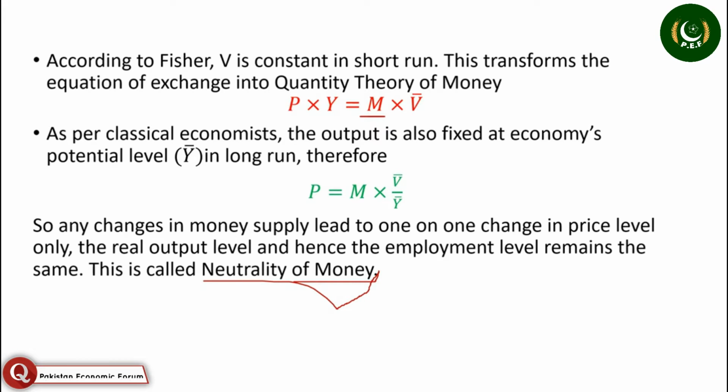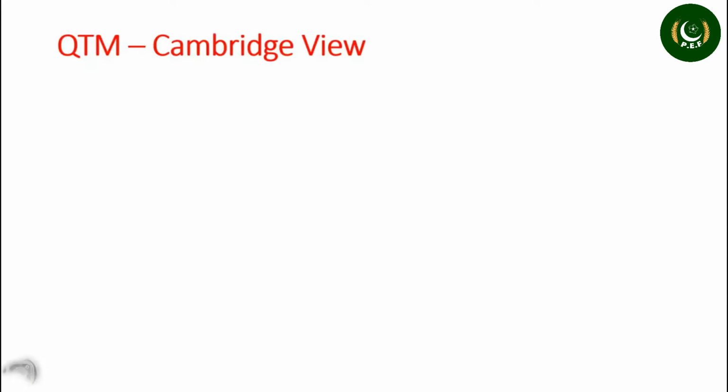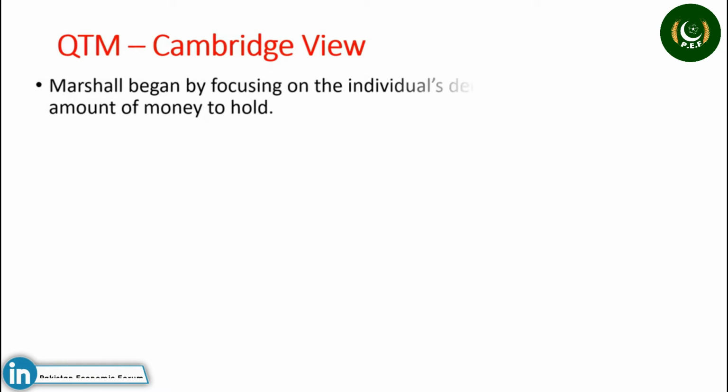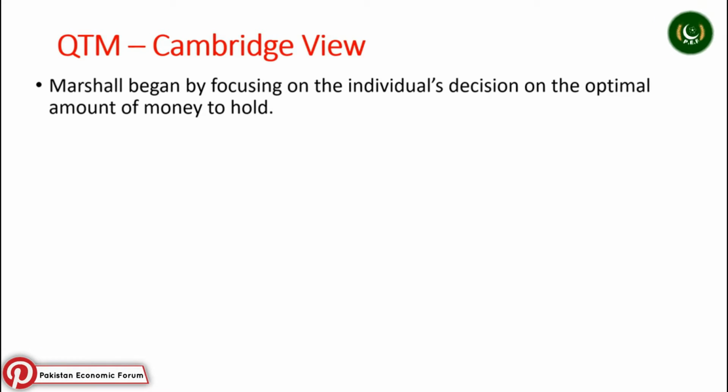Now, the Cambridge view of quantity theory of money. Students, Alfred Marshall began by focusing on individuals' decision on optimal amount of money to hold.